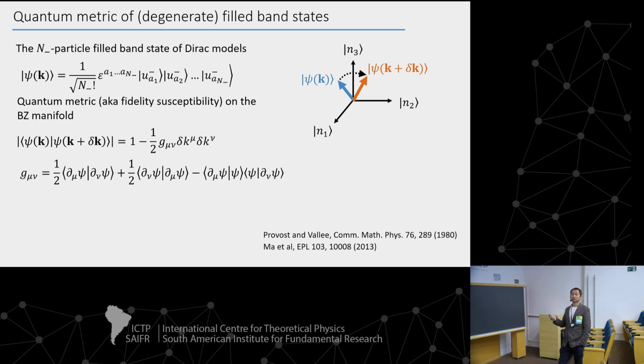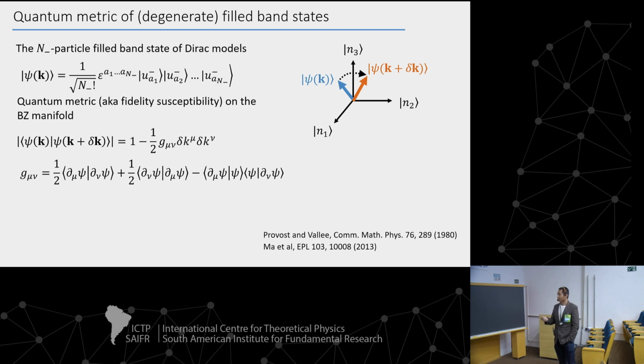And then you can imagine a process where you take a dot product of these 2 unit vectors. Now you know that the dot product of 2 unit vectors can only be less than 1. So if you write it as 1 minus some corrections, then you can prove easily that the leading order correction is quadratic in this small delta k you have moved, and the prefactor just gives you the so-called quantum metric.